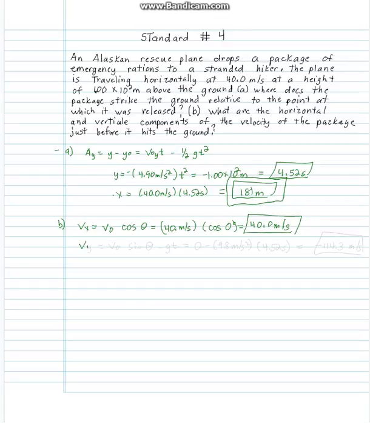Our velocity in our y direction, the components of the velocity at the time of impact in the y direction, v of y is going to equal v of 0 sine of theta minus gt, which then equals 0 minus 9.8 meters per second squared times 4.52 seconds, and when we compute that, we get a negative 44.3 meters per second.